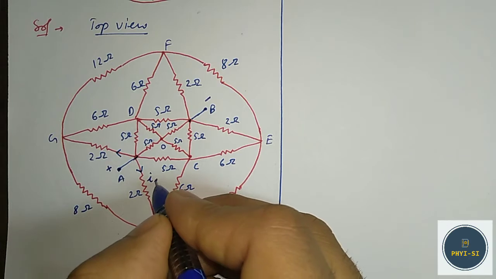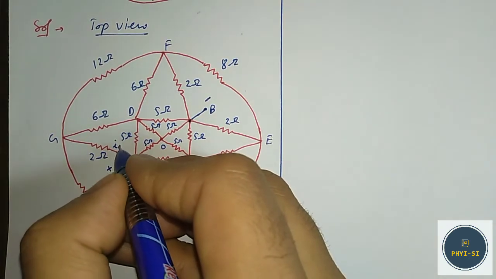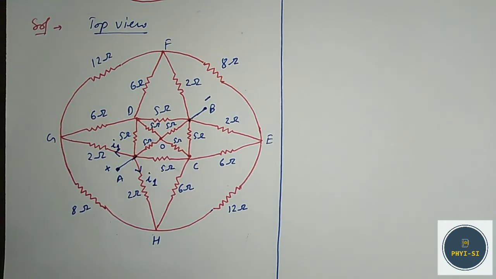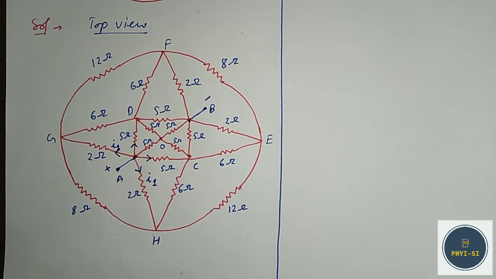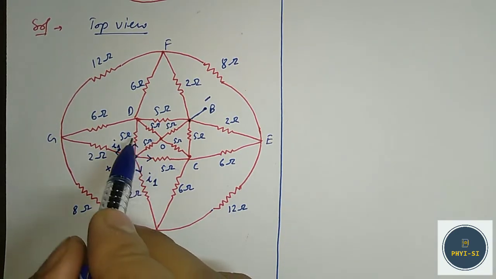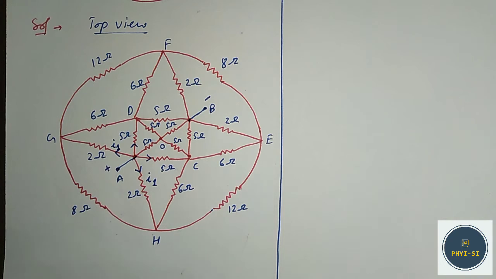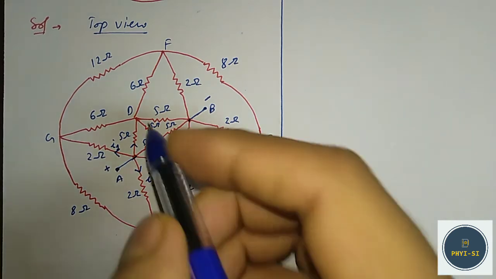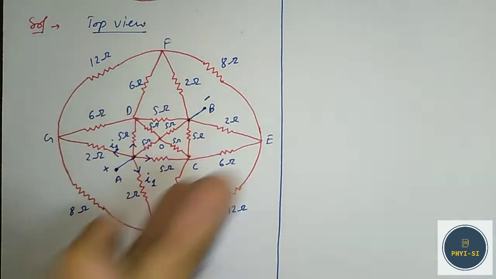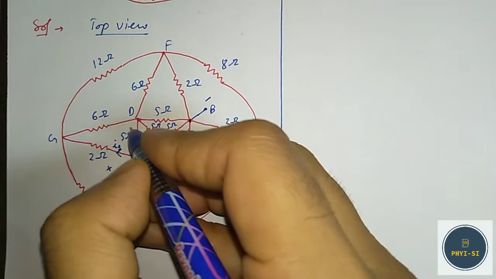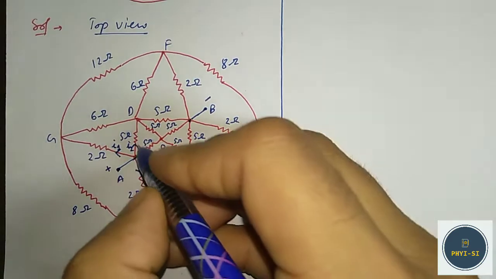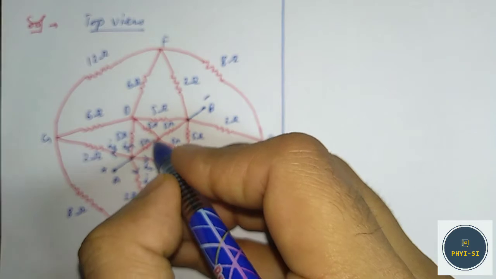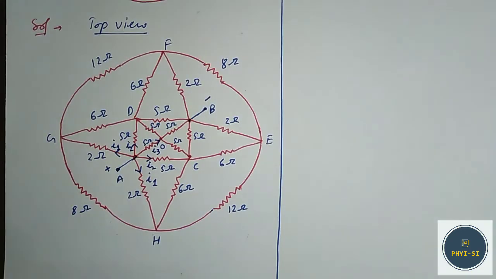Let the current here be I1, so here also the current would be I1. The current here and here should also be the same, because these two branches are also symmetric. There is a symmetry across AB. So let's say here the current is I2 and here it is also I2, and along this branch the current is I3.